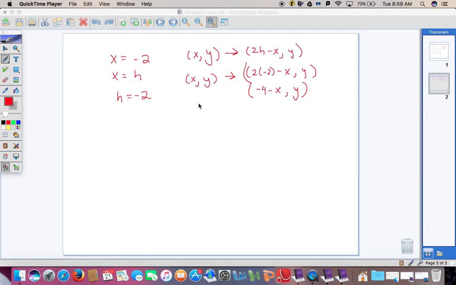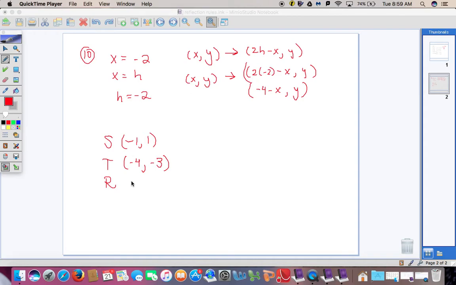This is problem 10, guys, on your worksheet for today. So if I label my ordered pairs, I've got S, T, and R. And S is at the ordered pair of -1, 1. T is at the ordered pair of -4, -3.